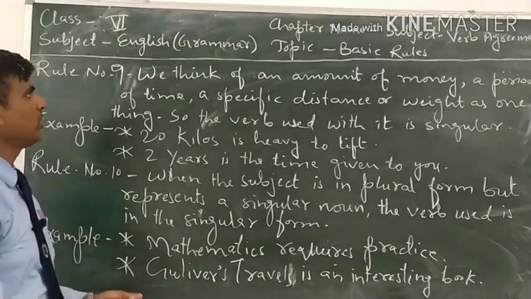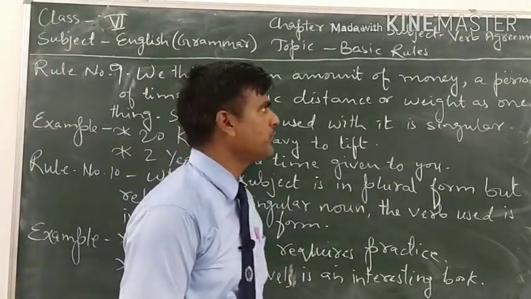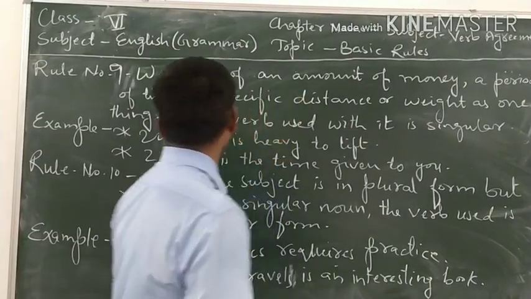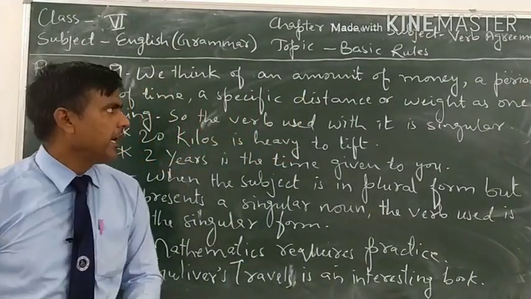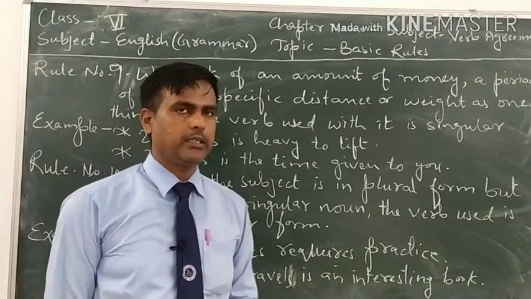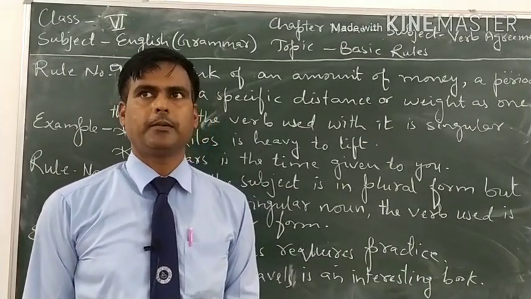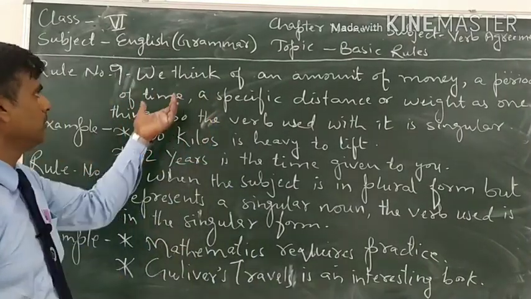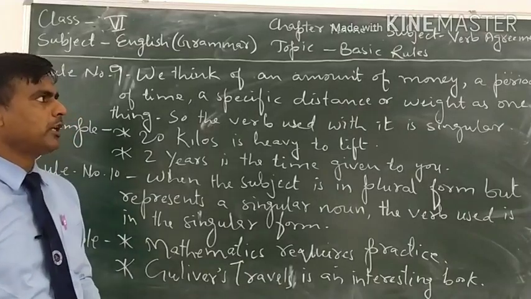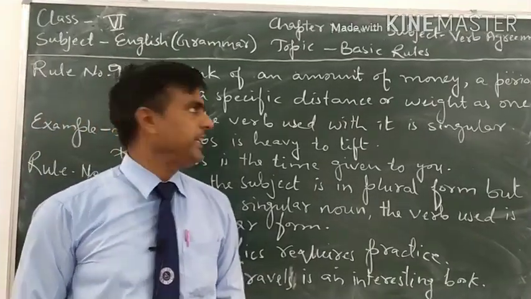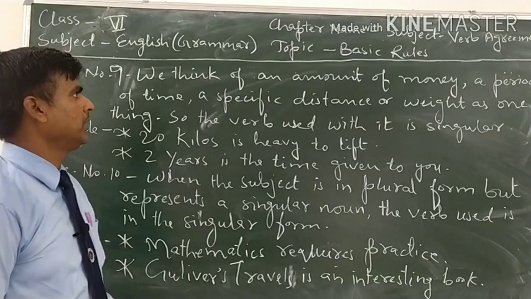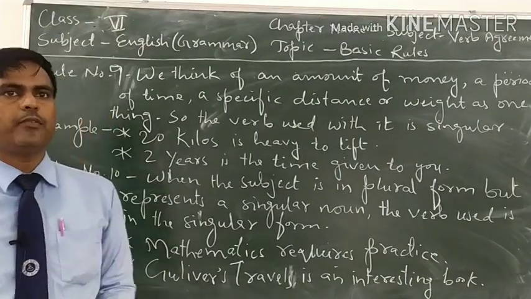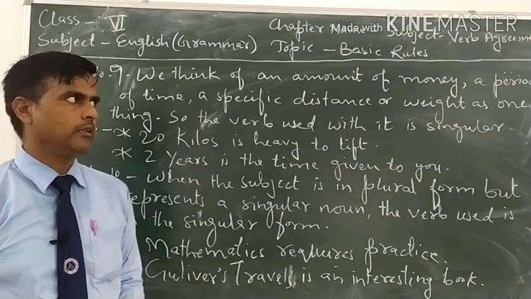Next rule: we think of an amount of money, a period of time, a specific distance or weight as one thing.